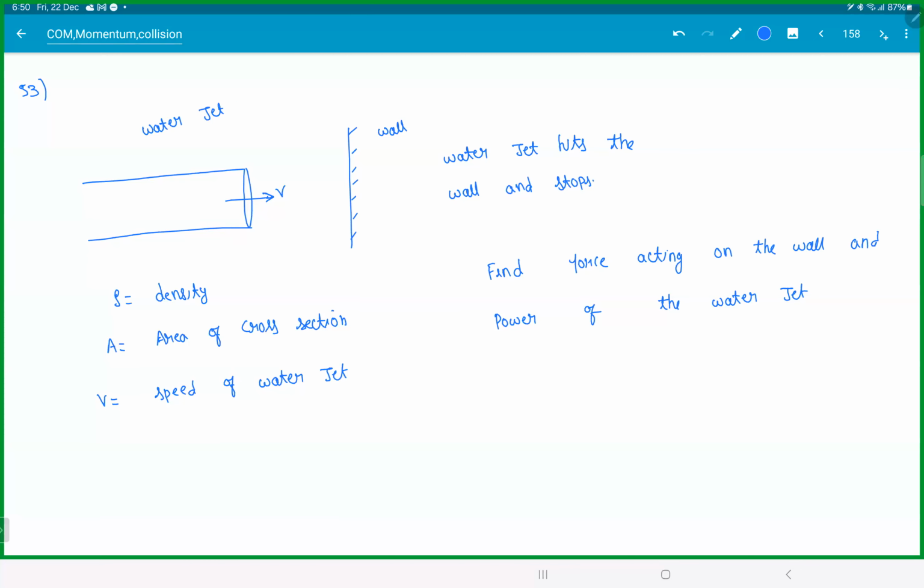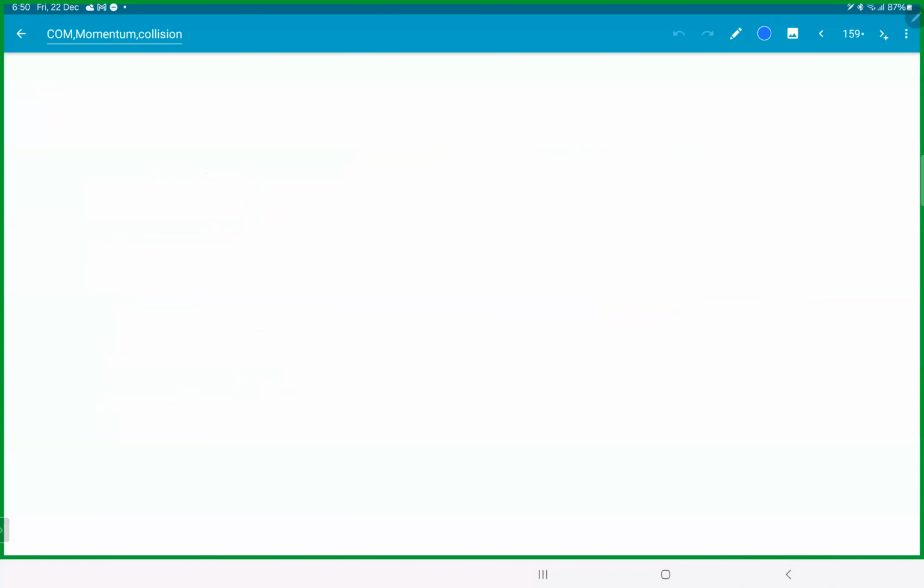Let's see. Take a thin cross section, dx. So dV will be a small volume, this would be area into dx.